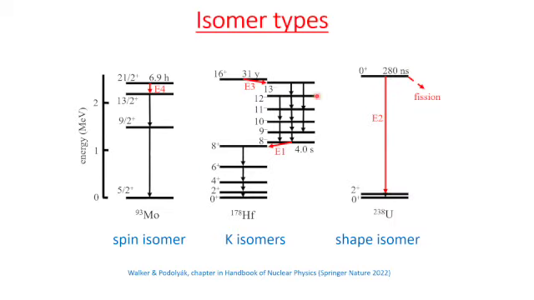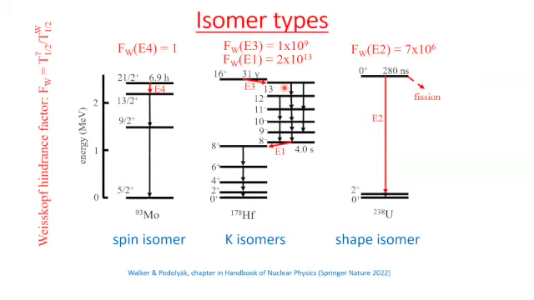So level schemes that correspond to these 3 different types are shown here, just as simplified examples, with the half-lives. But you can't really tell what kind of isomer it is from the half-life, and you can't really quantify the inhibition of the electromagnetic decay.